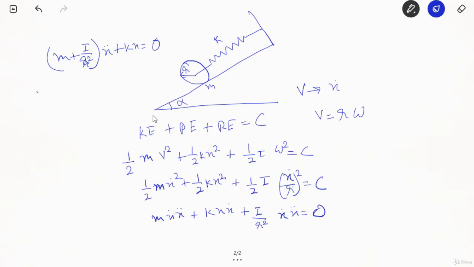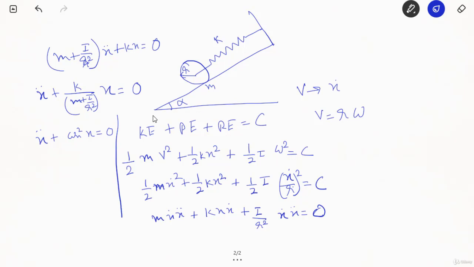Again, the standard form of the equation, like I said, is x double dot plus k divided by m plus I divided by r square into x is equal to 0. The standard form of the equation is x double dot plus omega n square x is equal to 0.